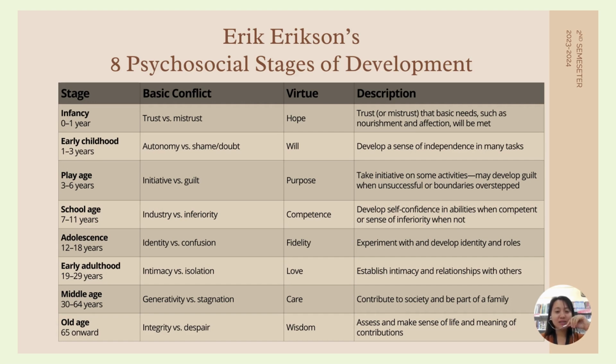Stage 5 is identity versus role confusion, and the virtue is fidelity. Stage 6 is intimacy versus isolation, and the virtue is love. Stage 7 is generativity versus stagnation, and the virtue is care. And stage 8, which is the last stage, is integrity versus despair, and wisdom would be the virtue.